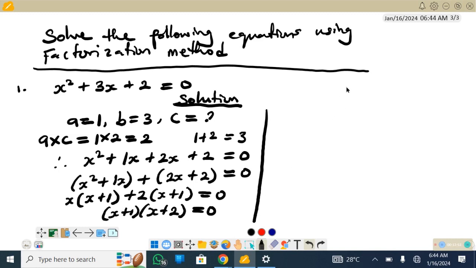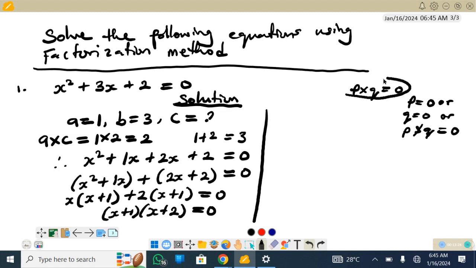When you have two numbers, let's say P times Q equal to 0, for two numbers to multiply to give you 0, it simply means that it's either P equal to 0 or Q equal to 0, or P and Q are both 0.